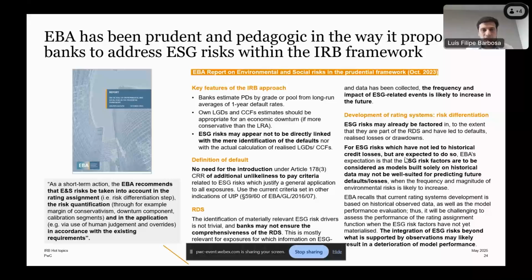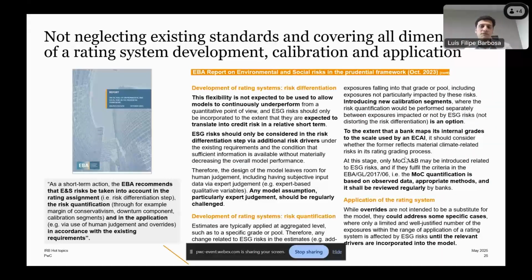In terms of introducing those risk factors, EBA is stating that it can be done by simply adding new variables to the model. It could also act on the derogations. It could be additional conservatism on very specific parts of the model that should reflect such a situation. And that's basically what we have here in this slide.